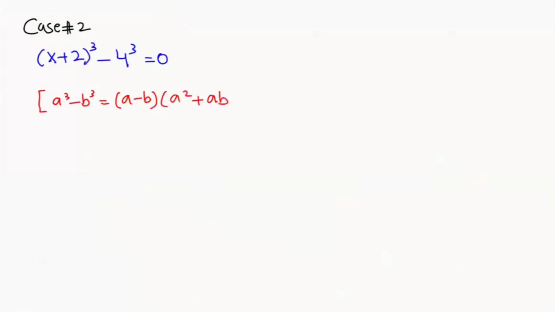The equation we have is (x plus 2) to the power of 3 minus 4 to the power of 3 is equal to 0. Here I will apply the algebraic identity, that is a cube minus b cube is equal to (a minus b)(a square plus ab plus b square).